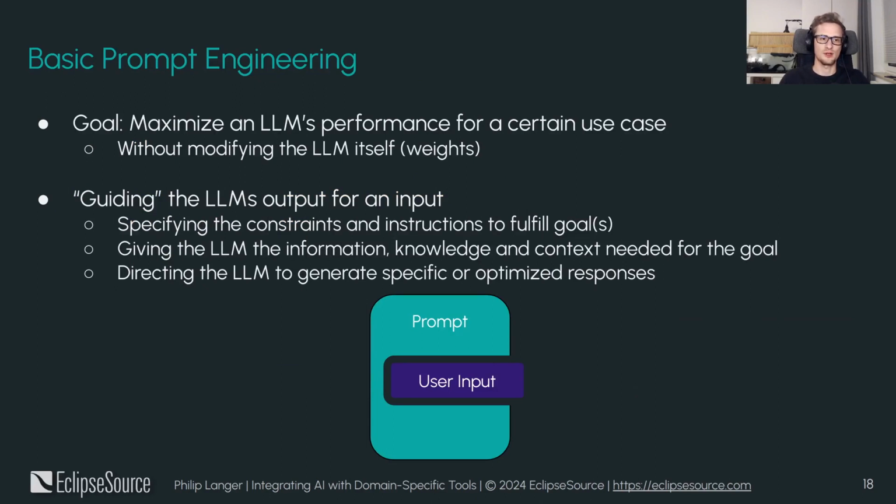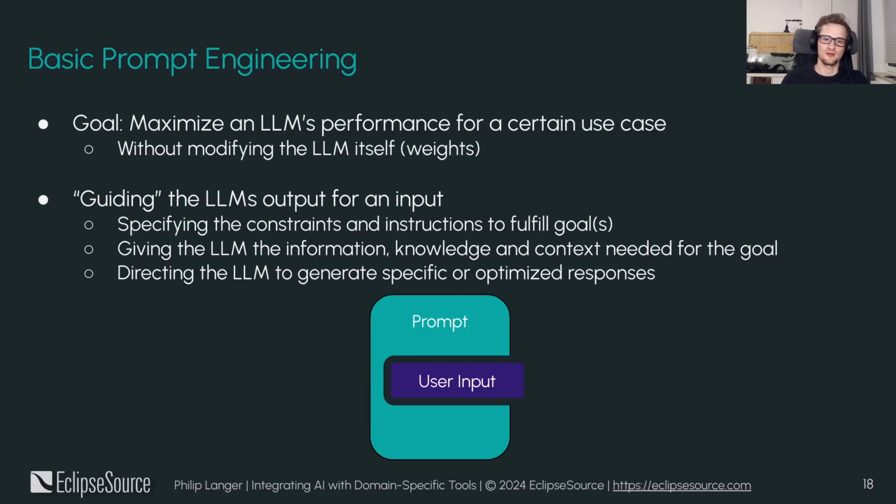Just in case you haven't heard about prompt engineering, it is essentially a technique to maximize an LLM's performance for a certain use case without modifying the LLM itself. You take control over the prompt, what you send to the LLM, or the set of messages that you send to the LLM, and try to guide the LLM's output for a specific user input.